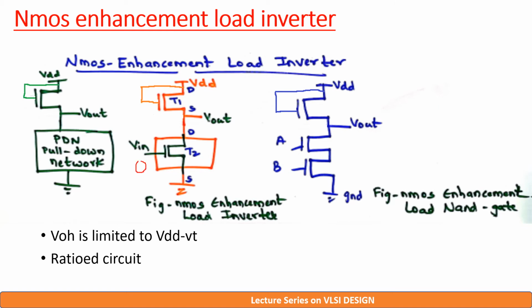When Vin is 0, pull down is in off state. Pull up is on because gate is shorted to VDD, and hence Vout will be shorted to VDD. But instead of obtaining VDD as a logic 1 output, since it is NMOS pass transistor, it gets degraded by VT, and the maximum output value we get is VDD minus VT.